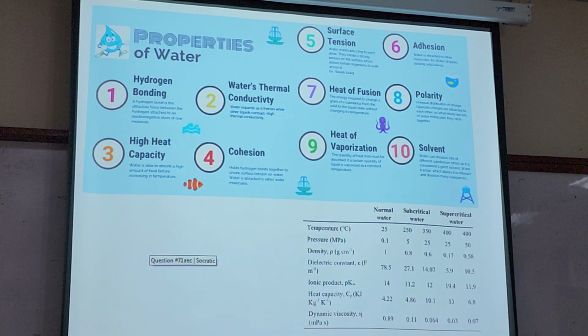That's why when you turn on your cooking stove, does your water in the kettle boil under 10 seconds? It takes some time, right? Yeah. This is because, number 3, it has a high heat capacity. It is able to absorb so much energy before something happens to it.